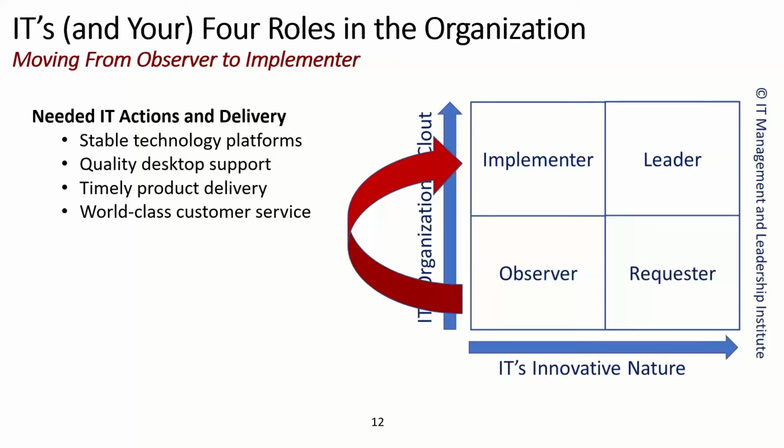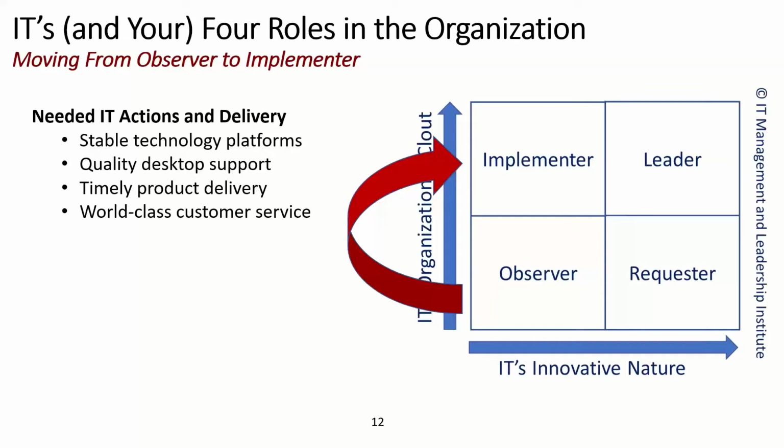If you're moving this way, to go from being an observer to an implementer, the first thing you need to do, and these are really table stakes, is have a stable technology platform and quality desktop support. I'm going to speak to those who manage the help desk, or those in the help desk, so I guess that's everybody in IT.